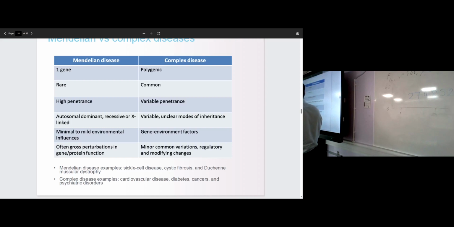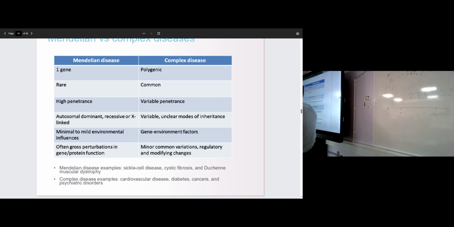greater contribution from the environment. Let's say melanoma, which is in great part conditioned by ultraviolet exposure. If you don't go to the beach often, then most likely you won't develop melanoma. Okay?